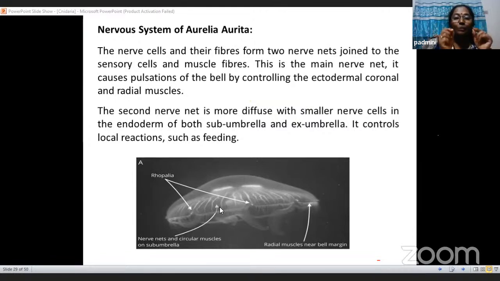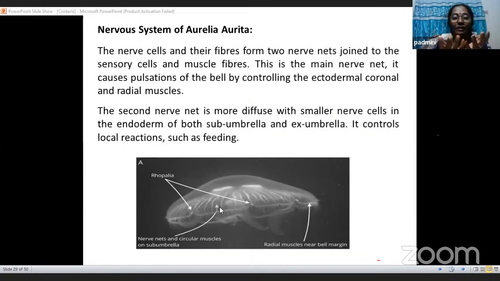The nerve networks come from the ectoderm and the endoderm, and they form a network in the mesoglial region, so that the information is passed on as diffused information. So if one part gets some information, the information is distributed to the whole body. Diffusion occurs there. It is not that the information and the sensory action are just in one place. It's not like that. It is completely distributed.